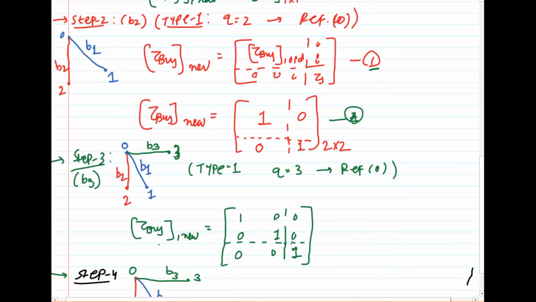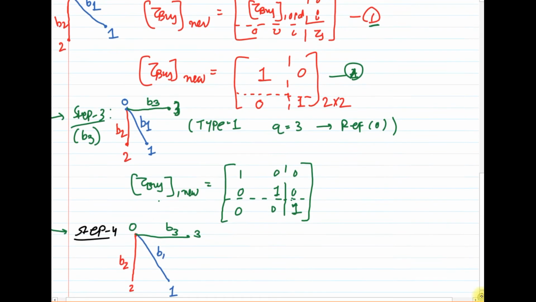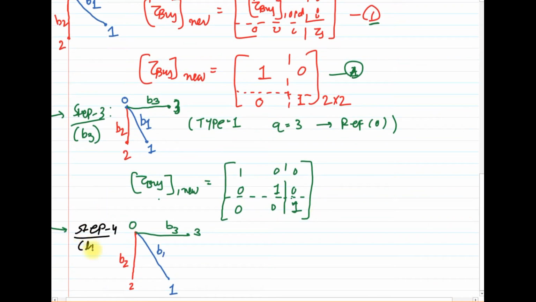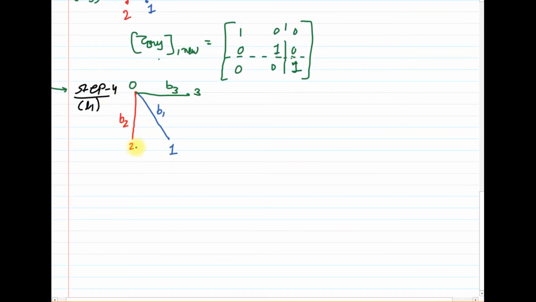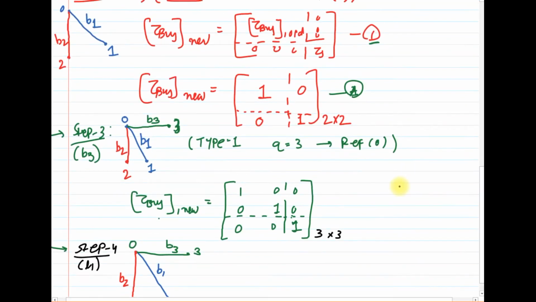So next step, which is your step number 4 for link 1, we have already calculated for each elements of the tree, or I can say each branch, B1, B2 and B3. Now next for the elements of cotree, which is L1, step number 4. Yes, here the size of matrix is 3 cross 3, which we have get in our step number 3.